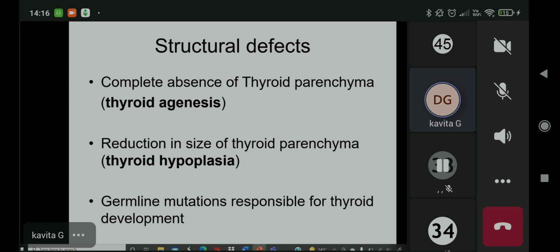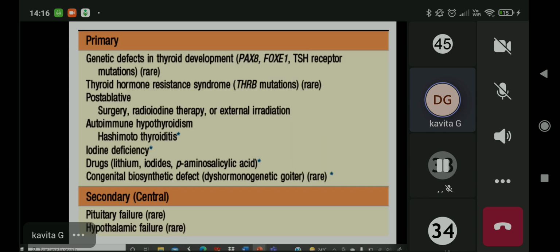Secondly, there are some children in which the thyroid is present, but congenitally it is reduced in size, and that is called thyroid hypoplasia. The third thing is that a person is okay, but suddenly there are germline mutations which are responsible for thyroid development. So if we look at the basic summary of causes of hypothyroidism, the two most important ones are primary and secondary.